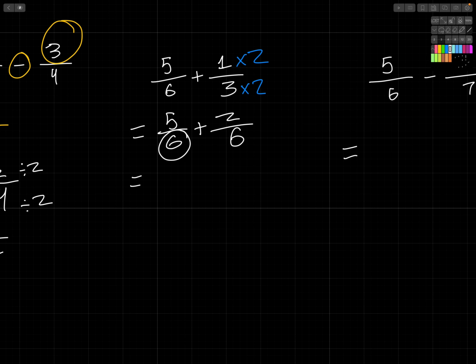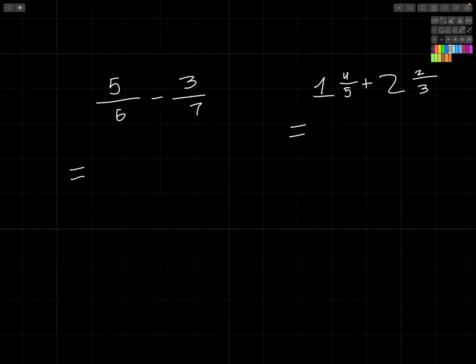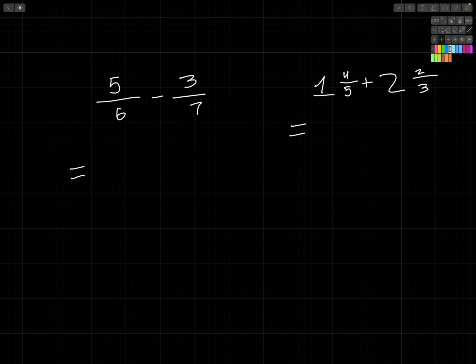Since we have the same denominators, you grab the numerator, look at what is being added or subtracted, and then you get the second numerator. So 5 plus 2, easy, 7. And then keep the same denominator as always, 6. Boom. Now, same thing with subtraction, right?